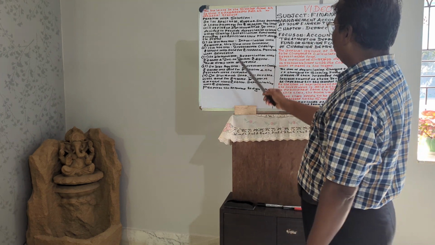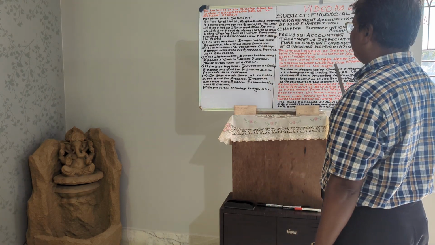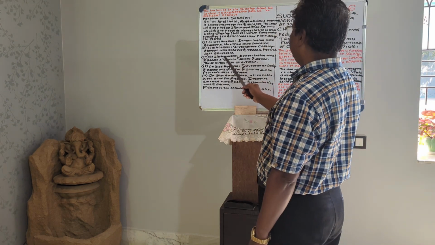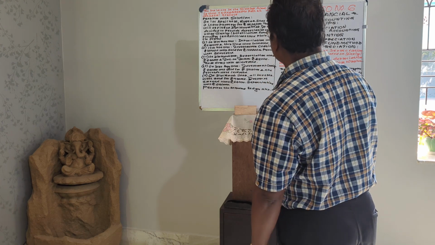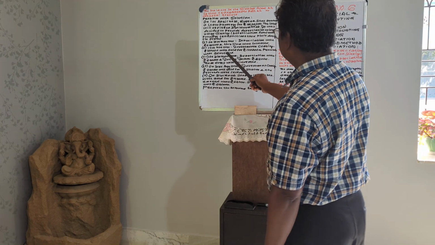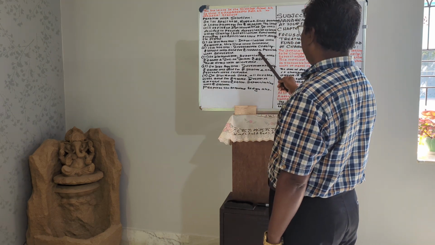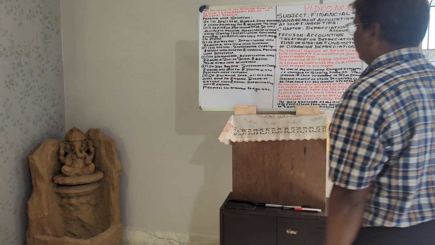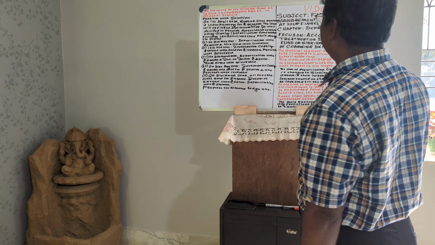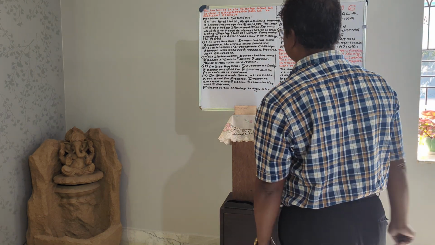Then the 20,000 profit: sinking fund investment account debited to sinking fund account, profit on sale of investment 20,000. Then on the same day, 15th November 2021, we will reinvest that 1,20,000 in the sinking fund investment account. So the entry is sinking fund investment account debited to bank account 1,20,000.